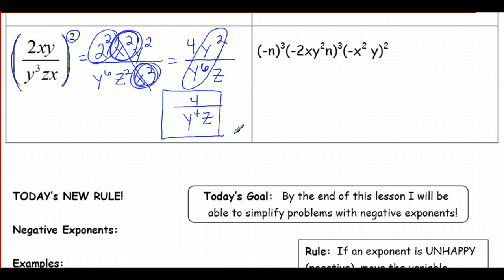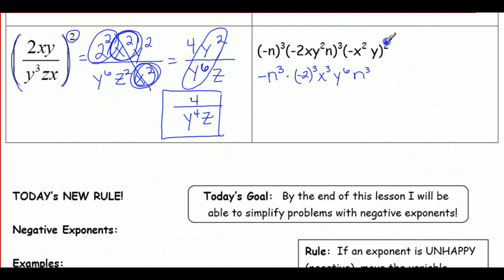Alright, let's go ahead and do this next example. So here we have negative n cubed. So this is going to stay negative n cubed. Here I have a times a negative 2 cubed, x cubed, y to the 6th, n cubed.